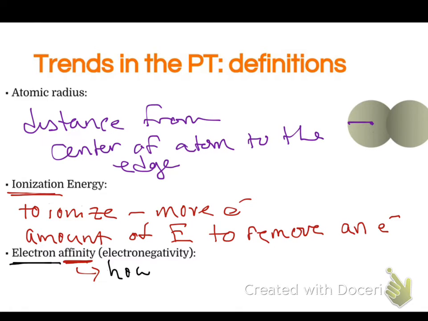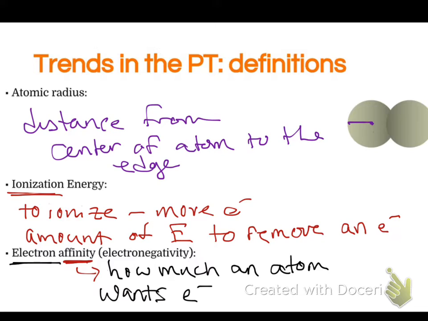So you can measure how much an atom or an element wants electrons. Some atoms really want them. Other atoms really don't want them. They give them up very, very easily. Okay? So a synonym for electron affinity is what we call electronegativity. But it means the same thing: how much does an atom want to have an electron?